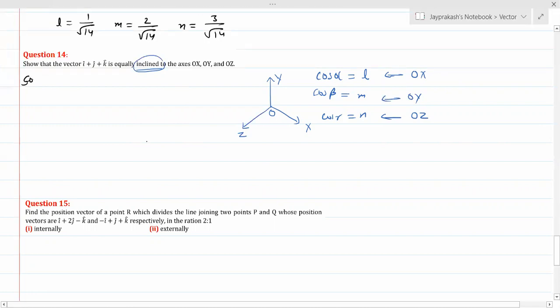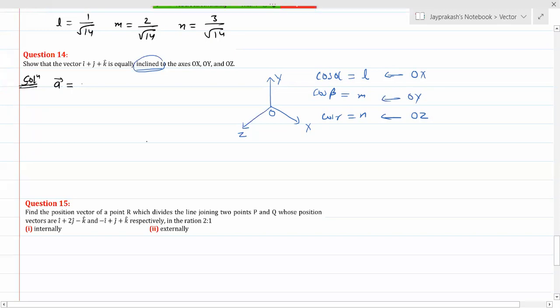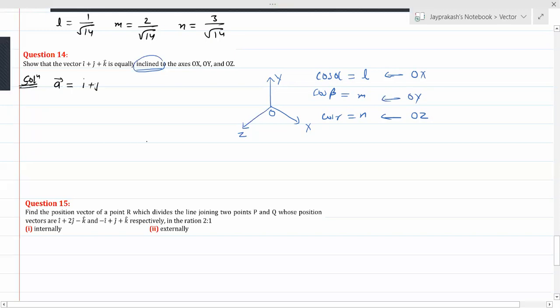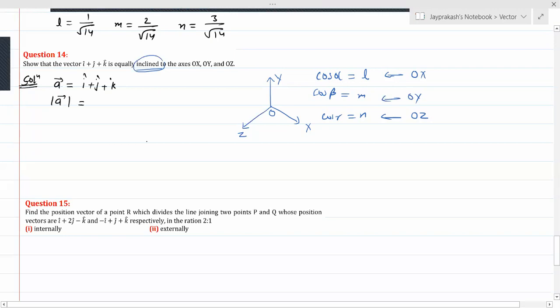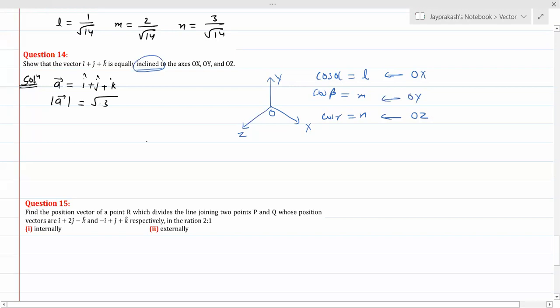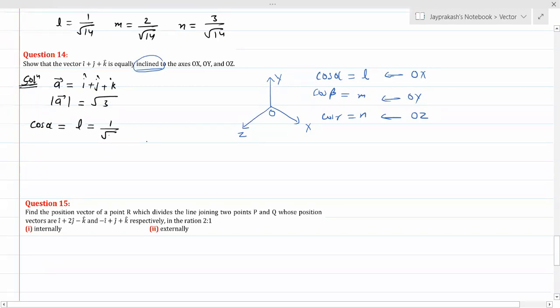For the direction cosine, you need to find the magnitude first. The magnitude of the vector is root 3 because x is 1, y is 1, and z is 1. So when you find cos alpha, that means l. So l is equal to the x component upon the magnitude of the vector.